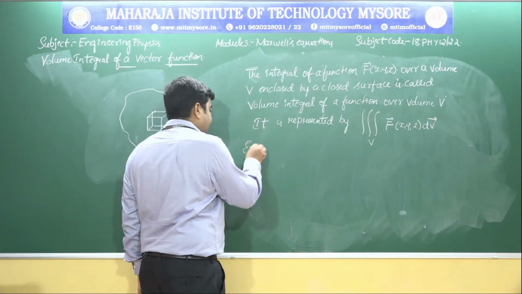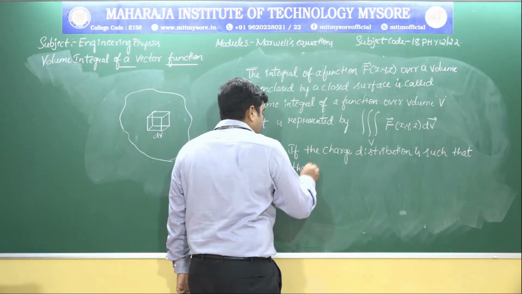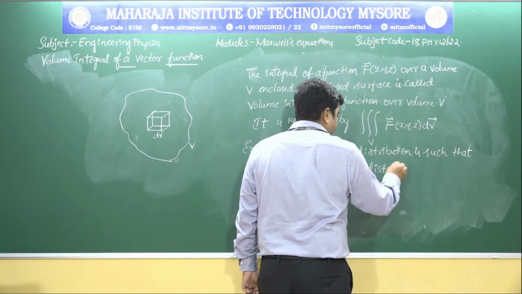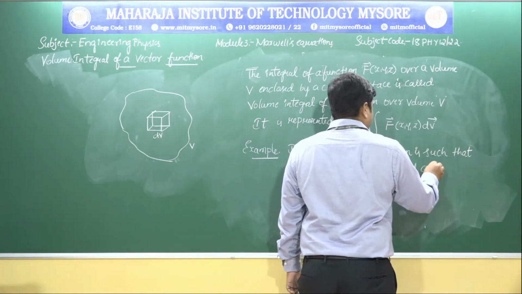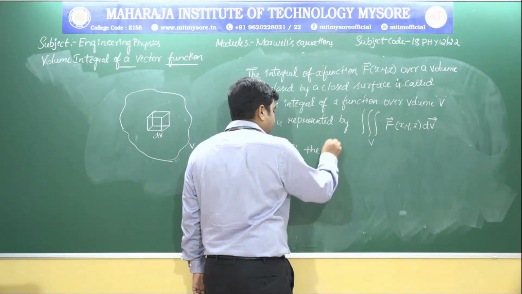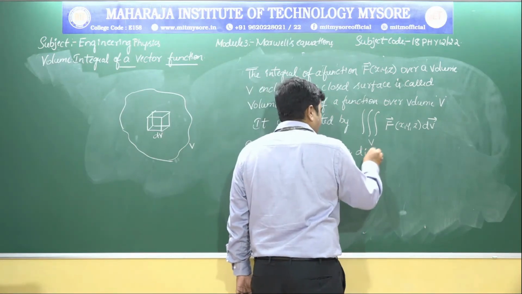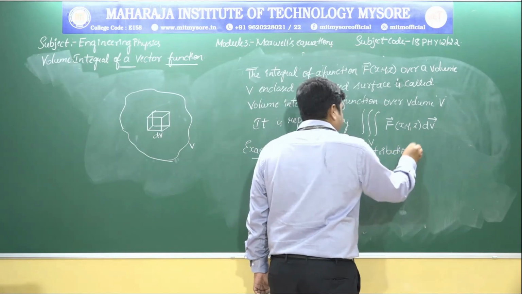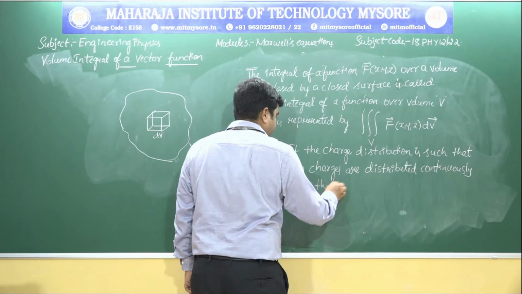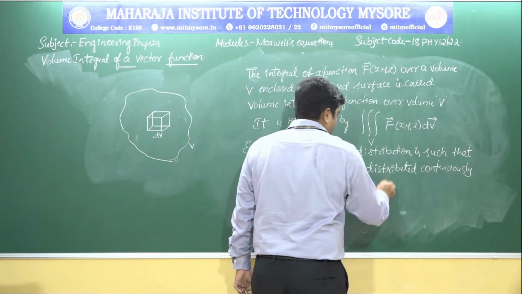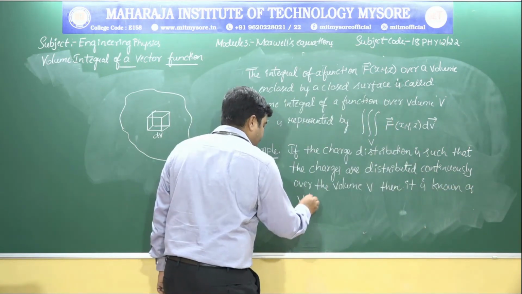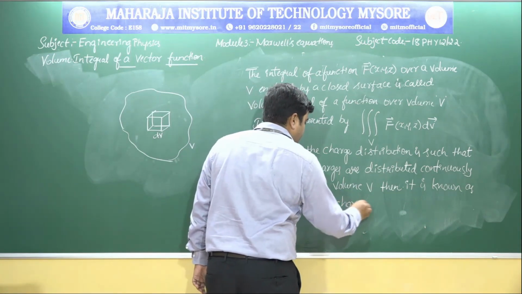For example, if the charges are distributed continuously over the volume V, then it is known as volume charge distribution.